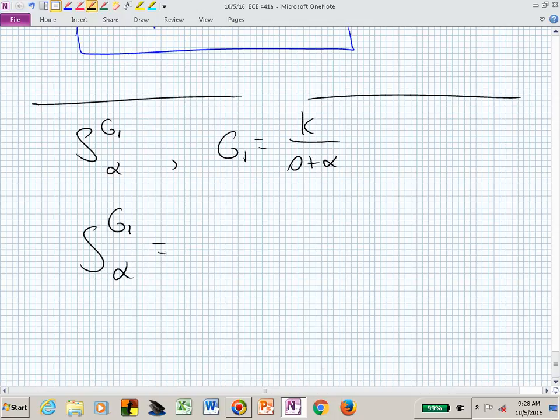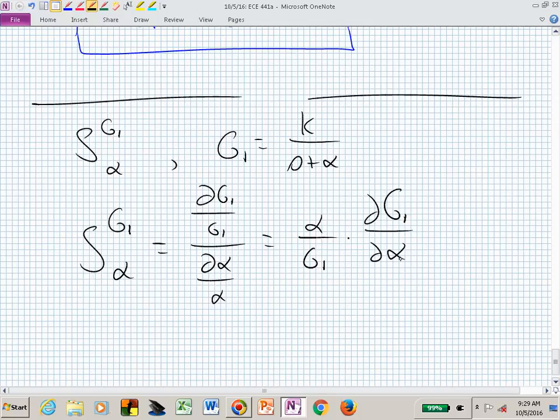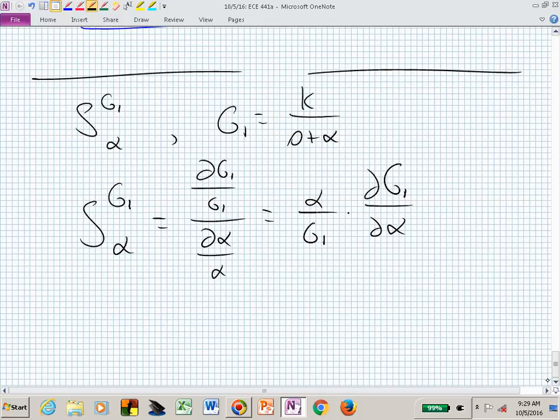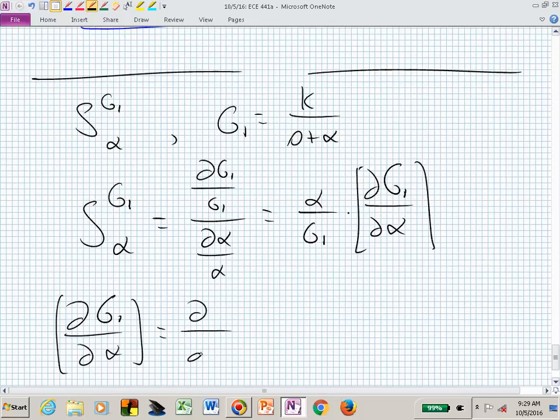What's the expression? Partial of G1 over partial of alpha over alpha, which is now alpha over G1 times partial of G1 with respect to alpha. And again, this allows us to use, we want this piece, and we can start using our quotient rule for differentiation.